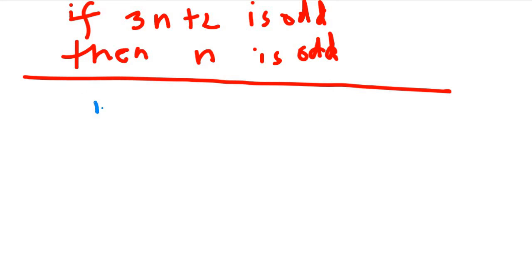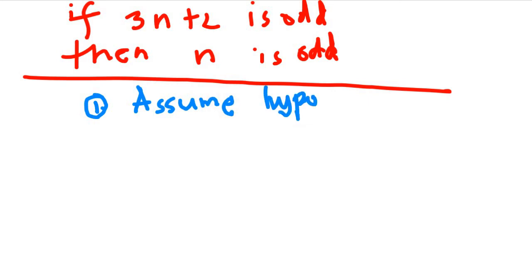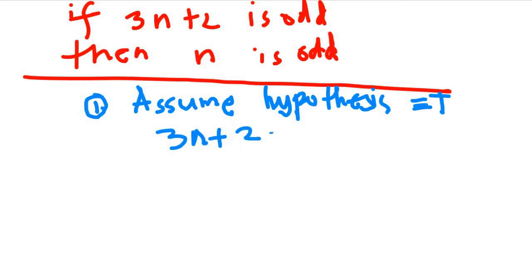For example, in the first step, we are going to assume that the hypothesis is true. So that means 3n plus 2 is an odd number.